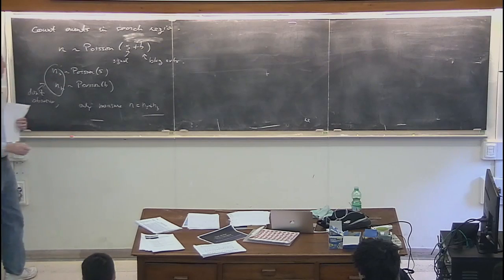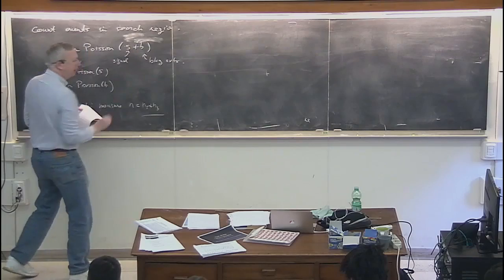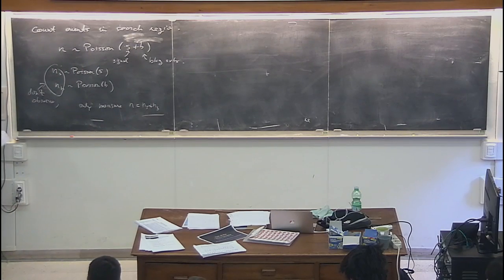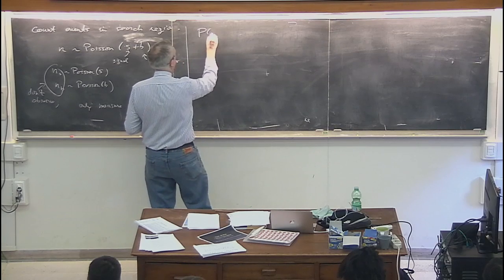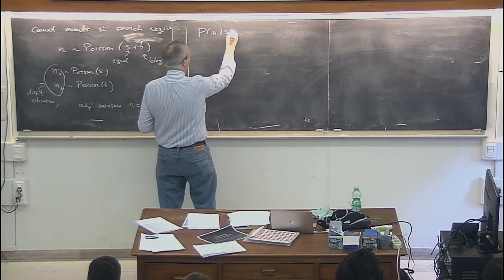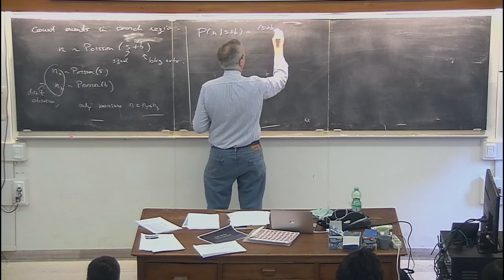It may not be completely obvious, but it's true that if you have two variables that each follow a Poisson distribution and you construct their sum, the sum also follows a Poisson distribution, and the mean value is equal to the corresponding sum of means. And so my law for the probability is a Poisson distribution with a mean of S plus B, so I can write this down.